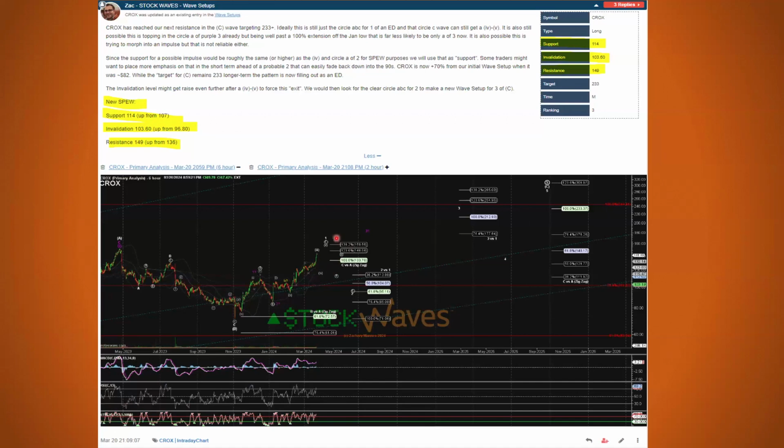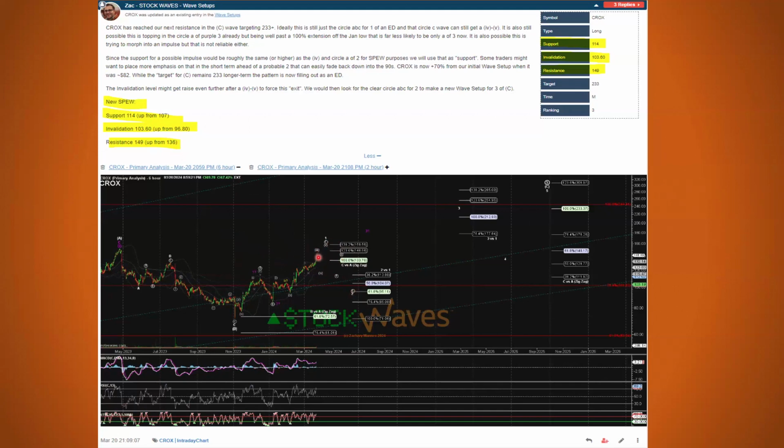Well, this had already been raised one time from 115, I think is what we said initially, up to 136, and now we're raising it even higher to 149 next from that 136. It went on to fill out the rest of this small degree 4-5 inside the C wave higher, getting up to the 165 region before we were looking for that fade as the wave 2.